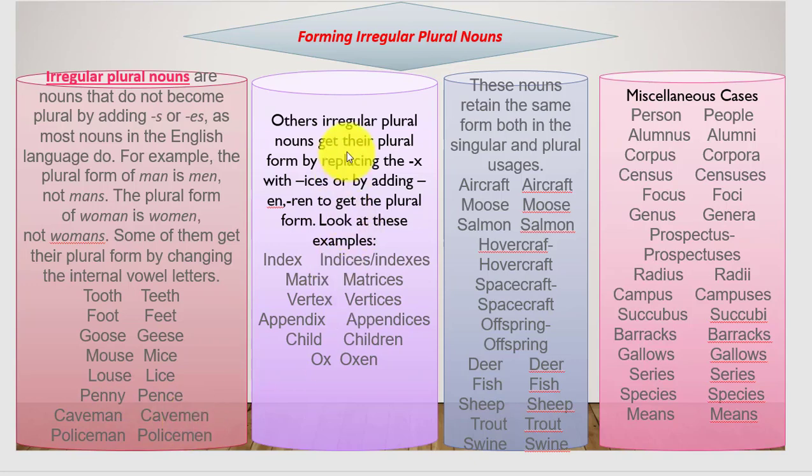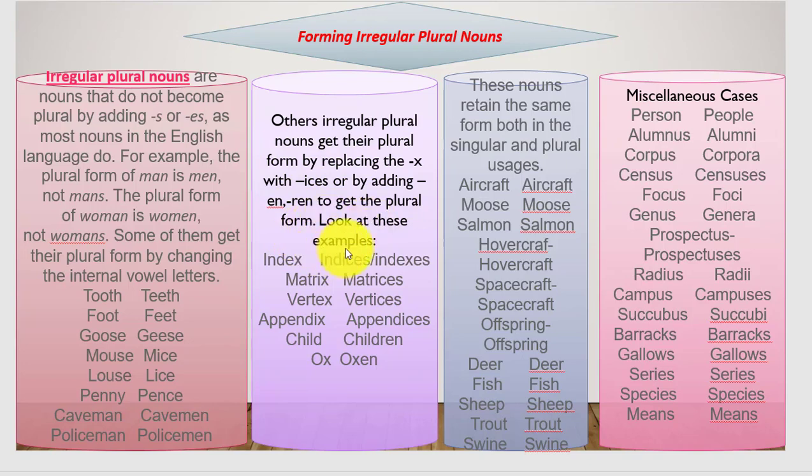The next category of nouns you can see over here: other irregular plural nouns get their plural form by replacing the x with ices, or by adding en to get the plural form.